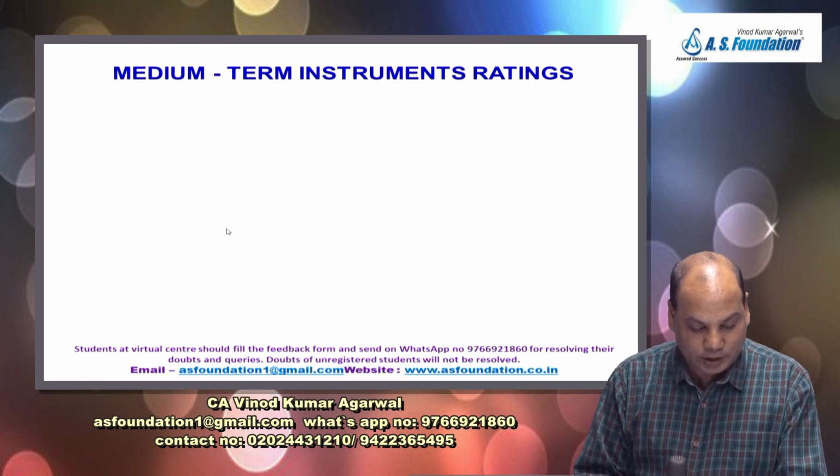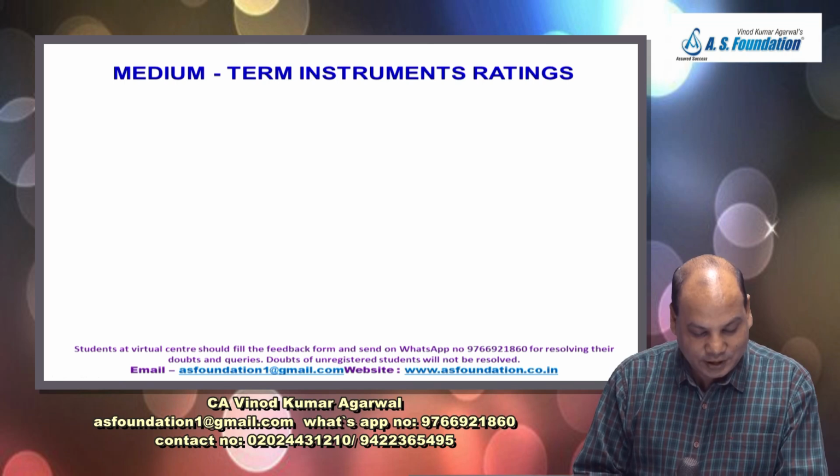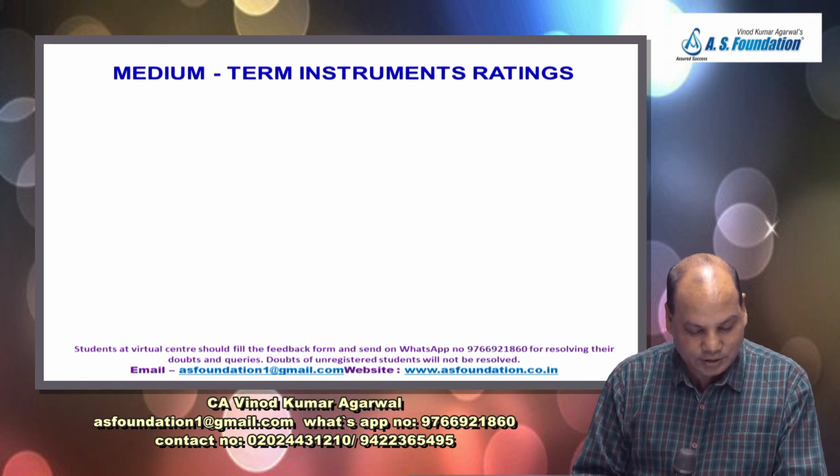Adequate safety FA, MA, then CARE A. Inadequate safety FB, or not your FB, okay, MB, CARE BB. High risk is FC, ICRA is MC, CARE B. Default FD, MD, CARE D.